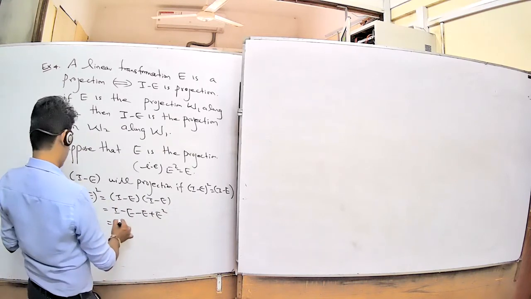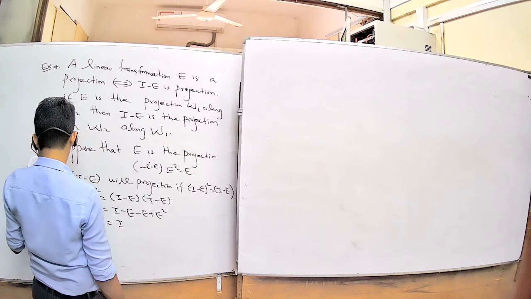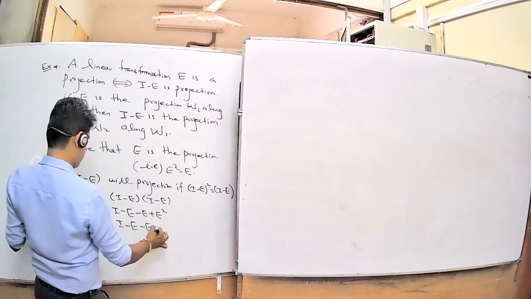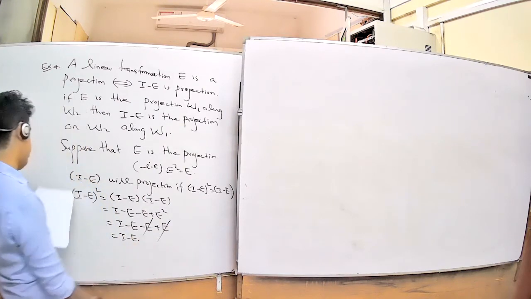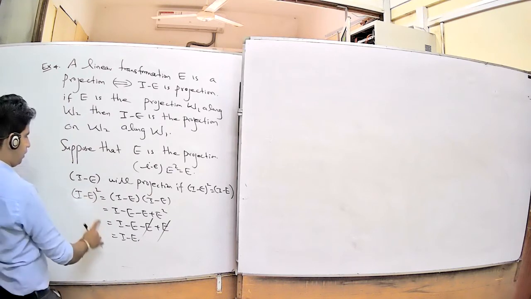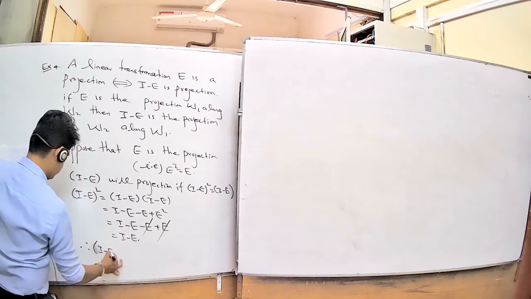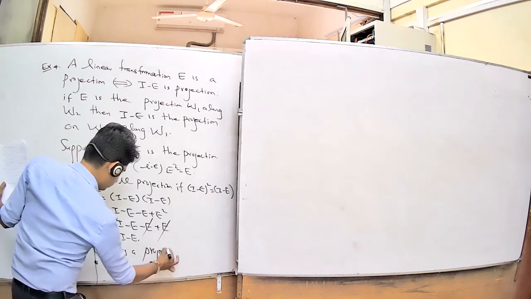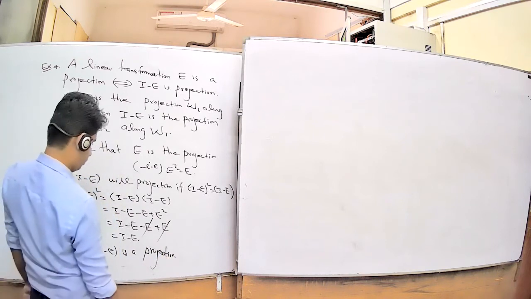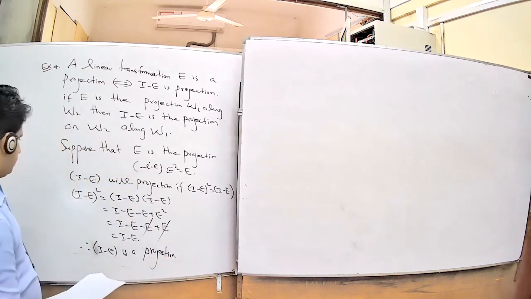Therefore, E plus E cancel, and we get I minus E. Therefore, I minus E squared equals I minus E, which means I minus E is a projection.